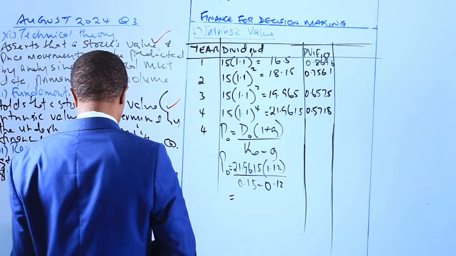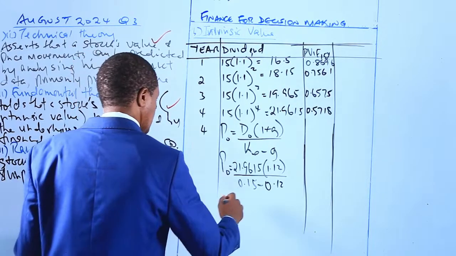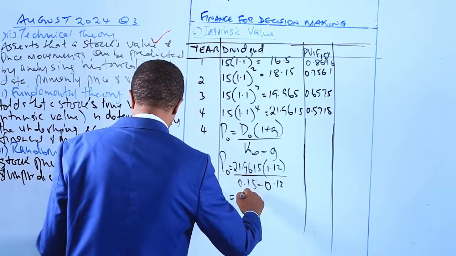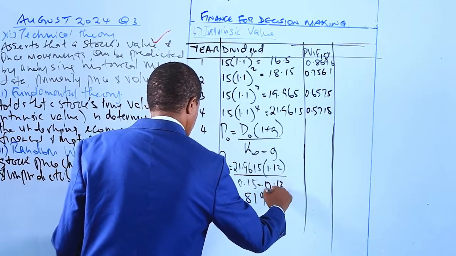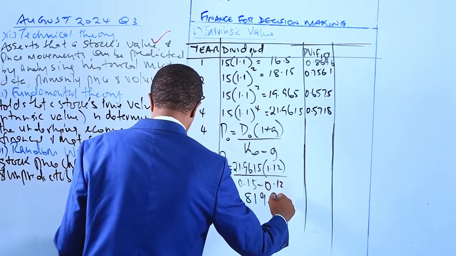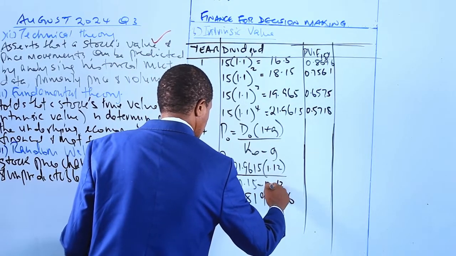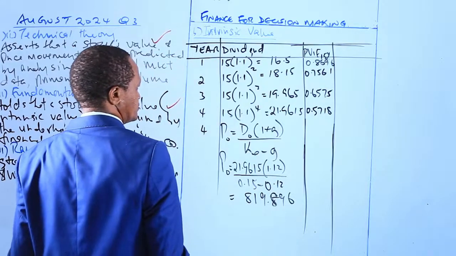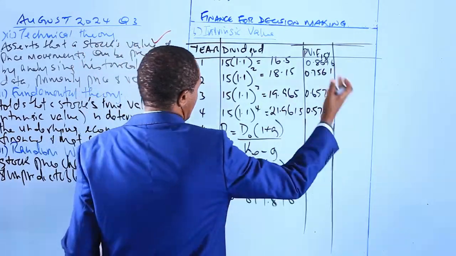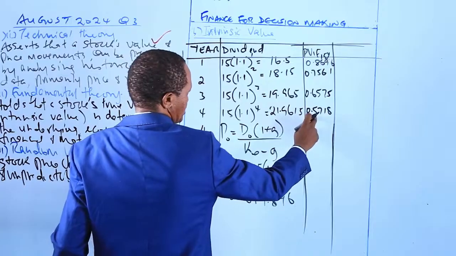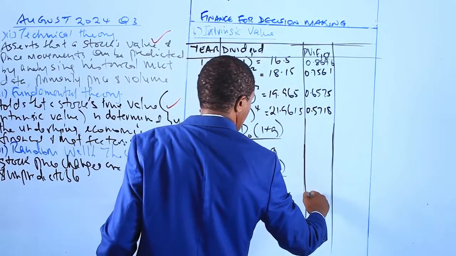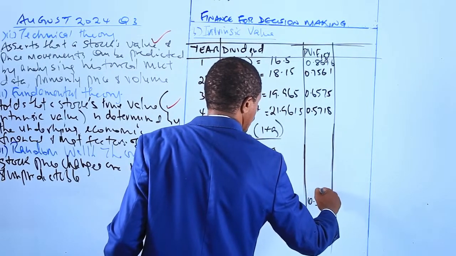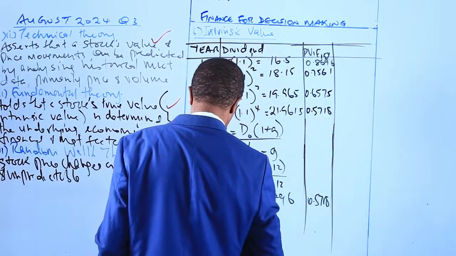This is equal to 819.896. So the discounting, because it's 4 years, the discounting factor is going to be 0.5718. So that's it.